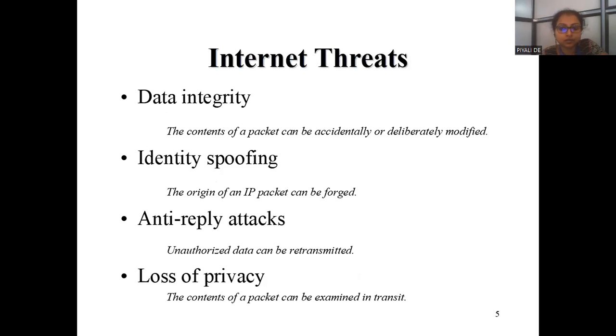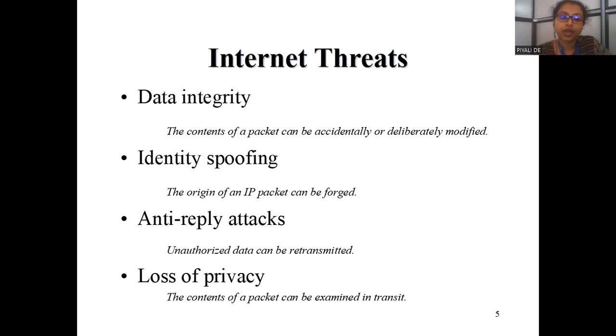Here we are discussing some of the threats that exist on the internet. First, data integrity. What is data integrity? The content of the packet should not change during transmission. If the content is changed, that means the integrity is lost.